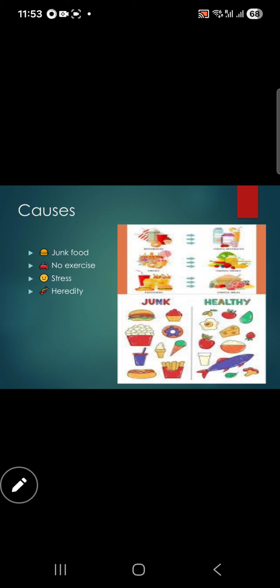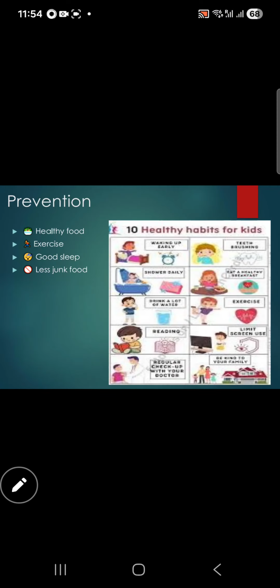No exercise, stress, and heredity through our parents and grandparents also cause non-communicable diseases. We get these diseases from generation to generation. Here is the picture of junk food and healthy food. We should avoid eating junk food. If we do not avoid it, then we are unhealthy. So we have to always eat healthy food. Understood?